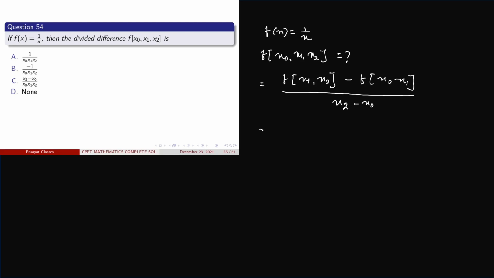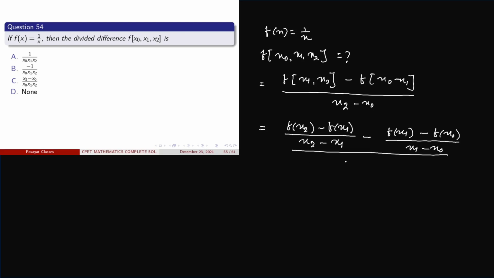So this gives f of x2 minus f of x1 divided by x2 minus x1, minus, similarly, f of x1 minus f of x0 divided by x1 minus x0, this whole quantity divided by x2 minus x0.